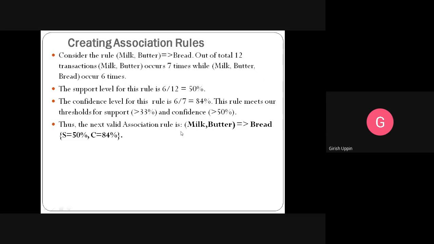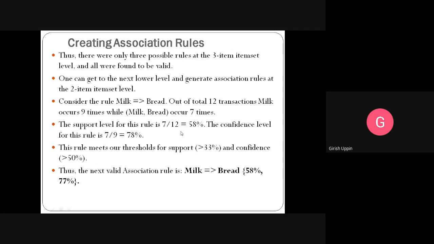And this is also a valid rule. Thus, there were only three possible rules at the 3 item set. Now we can go to the 1 item level, 2 item level, right? We can find so many rules out of it.